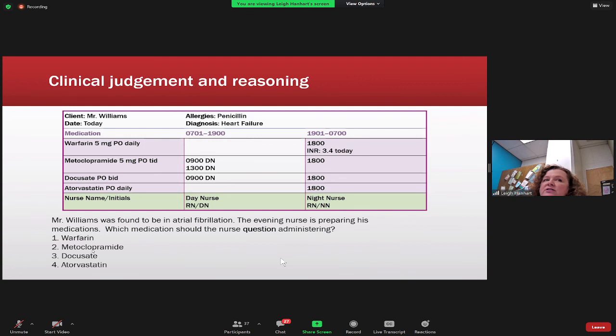We know that this is just going to stimulate an appetite and peristalsis. We know that this is a stool softener and this reduces cholesterol. So even if you didn't know or you couldn't pick it out, when we're talking about questioning, are we worried about Colace or are we worried about warfarin? Okay.